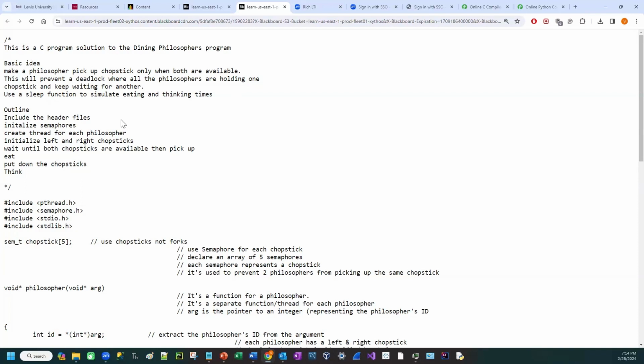That way, whenever somebody picks up two, he will be able to eat. You don't want to pick one up when only one is available, because you may get stuck. So this is avoiding that. Does that make sense of what I'm asking you to do?